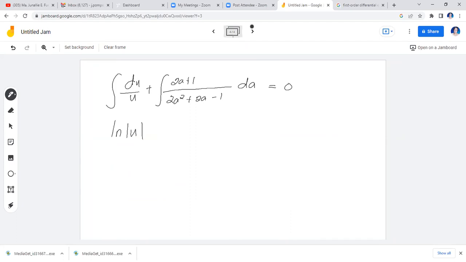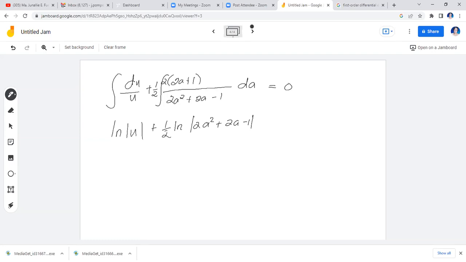If this is our u, the denominator is our u, the du of that is 4a plus 2. So we just need to multiply the numerator by 2 because that will make it 4a plus 2, and I'll place here 1/2 to make it an ln. So I'll have 1/2 ln of 2a squared plus 2a minus 1.